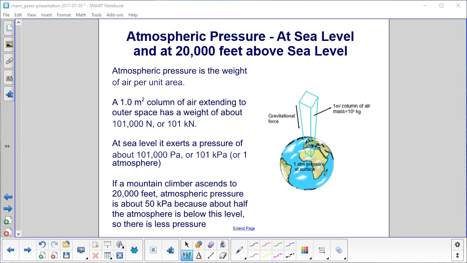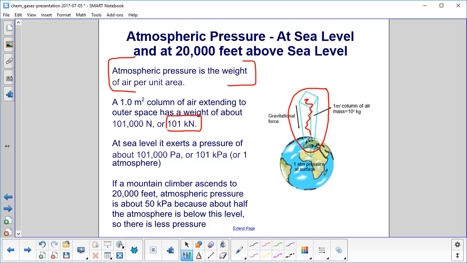Perhaps you've heard the term atmospheric pressure when you listen to weather reports. Well, here's a definition. It is the weight of the air per unit area. So if you take a square meter column of air and you extend it to outer space, see this three-dimensional rectangle, a square meter column of air extending to outer space has a weight, if you add up all that air, of about 101 kilonewtons.